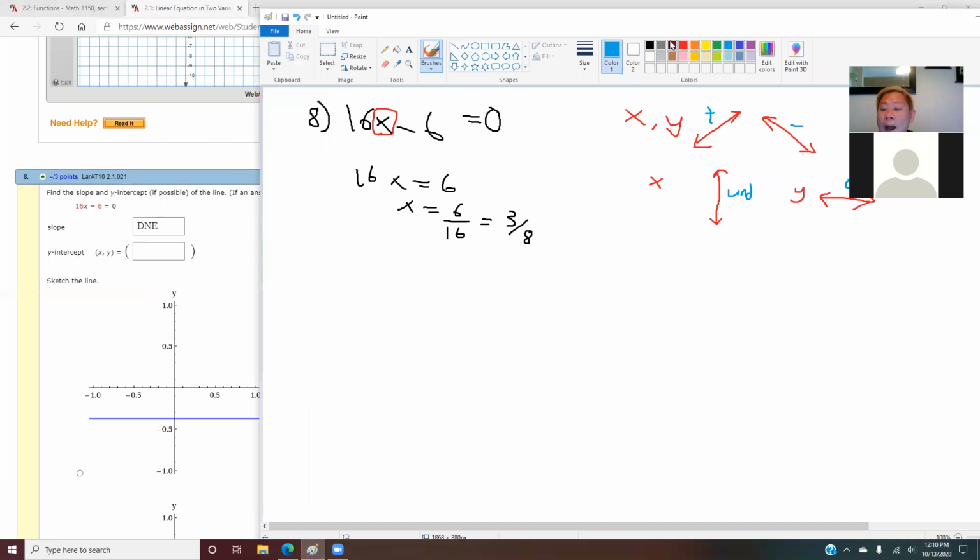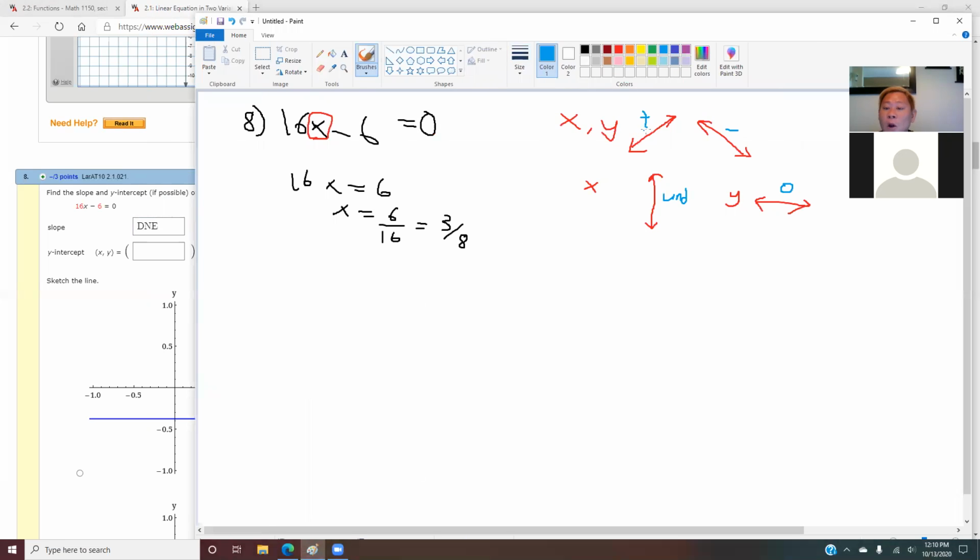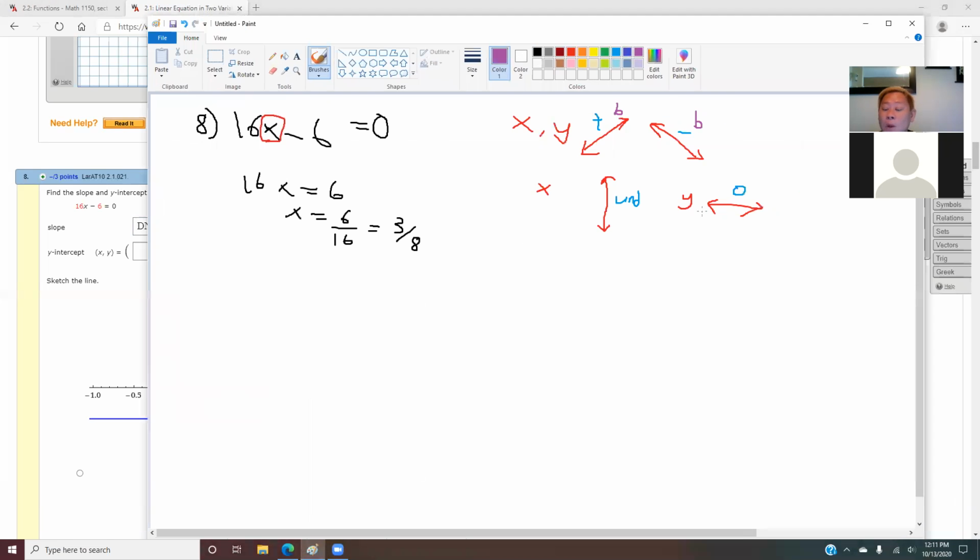And the y-intercept. As you know, the y-intercept will be at B. If you have a horizontal line, the y-intercept will be at B, which is the same as your y value. But unfortunately, if you have a vertical line, which is undefined, this line will never cross the y-axis.